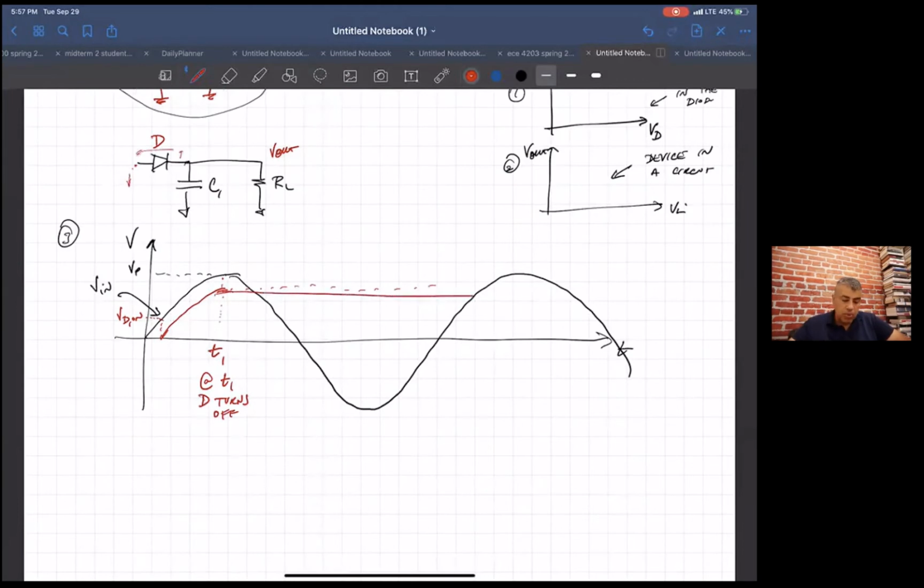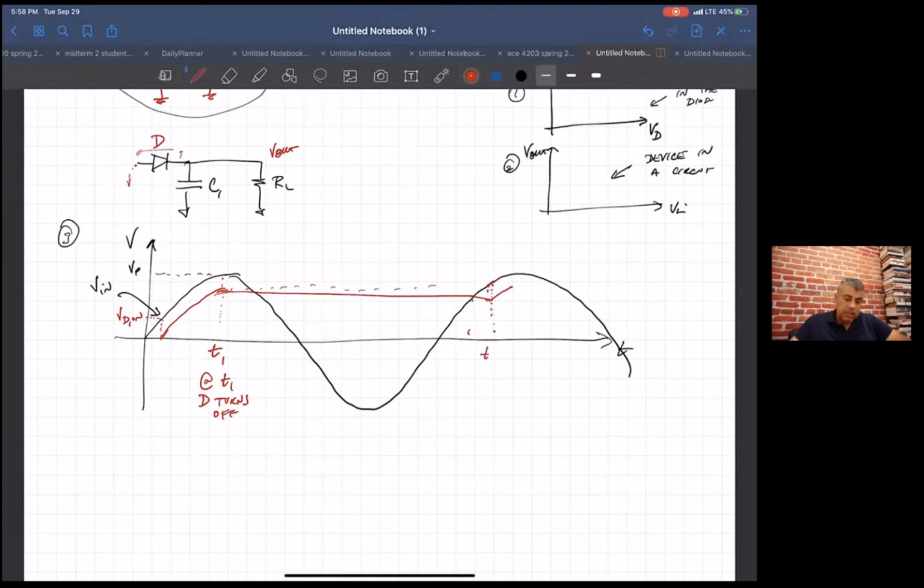Okay, but at some point, this is going to droop enough while the input is going high that it will recharge the capacitor.